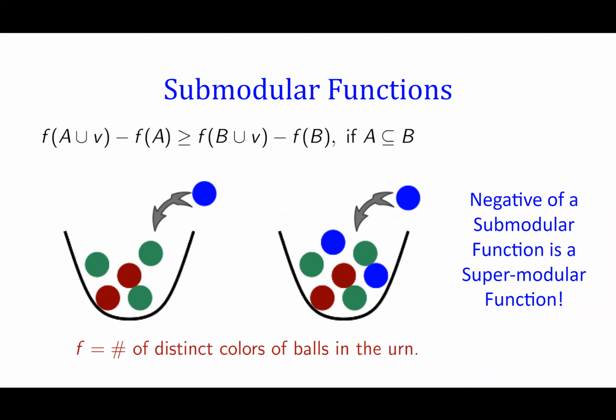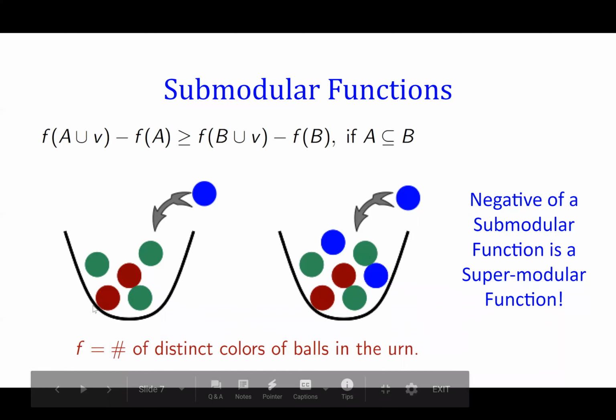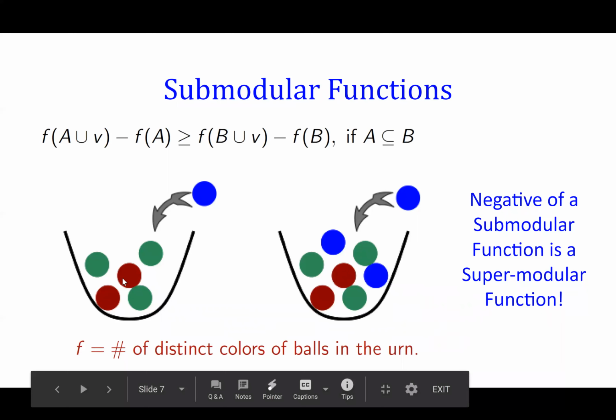A subclass of set functions that appear a lot in applications is the class of submodular functions. The main idea is that you have the notion of diminishing returns. Given two subsets, a subset of balls on the left-hand side and a subset of balls on the right-hand side, where the left-hand side is a subset of the right-hand side, we see that there is diminishing returns.